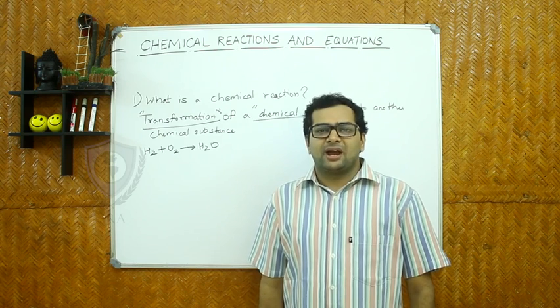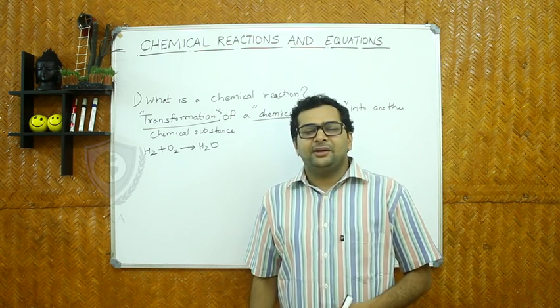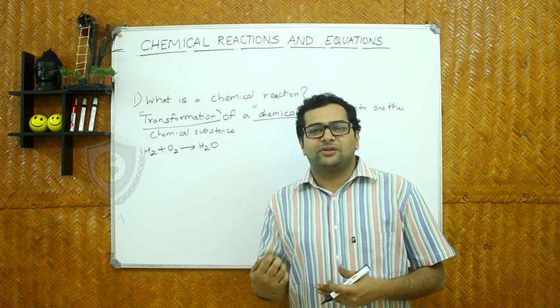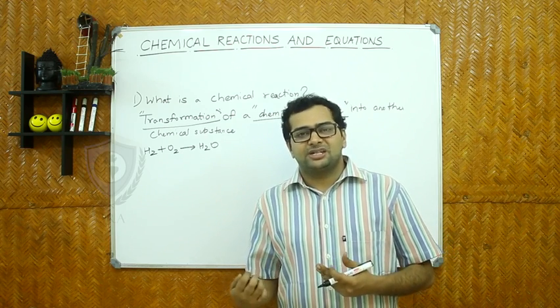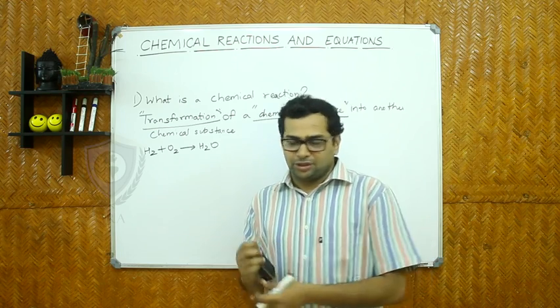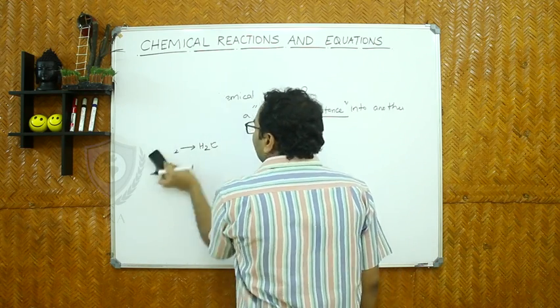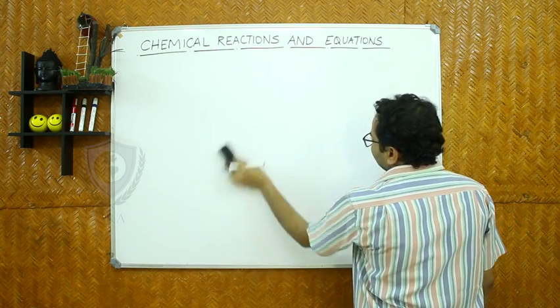Now let's look at how we identify whether it's a chemical reaction or not. What are the signs of a chemical reaction, or how do you understand whether there has been a transformation? So let's stop this and look into our next topic, which is how to identify whether a chemical reaction has happened or not.